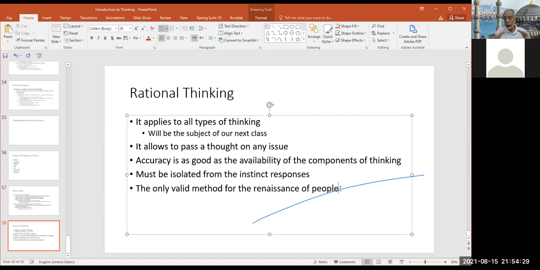Why? Because we will discuss what Renaissance is, which is really the rational thinking about the current life vis-a-vis the life before and the life after. Okay, I will stop right here.